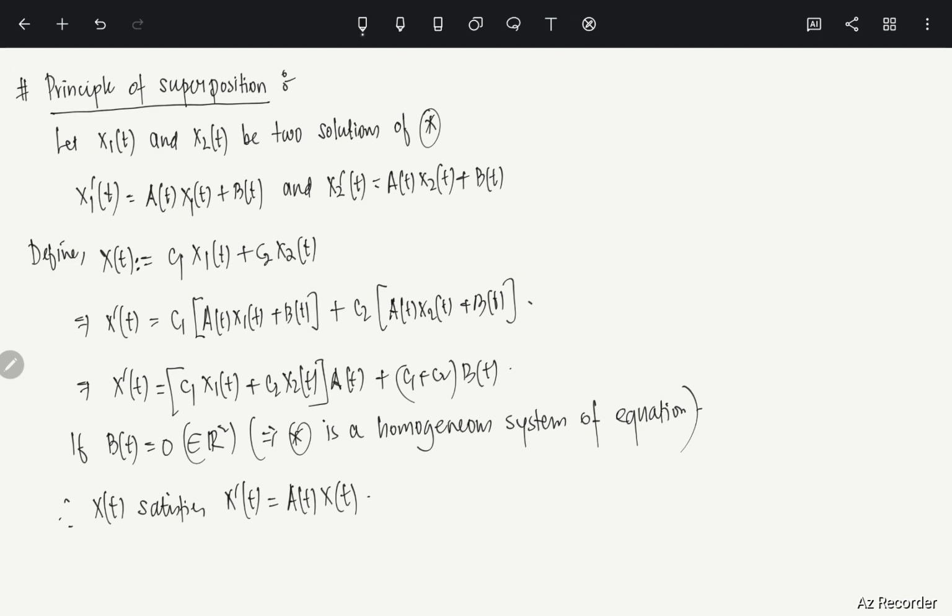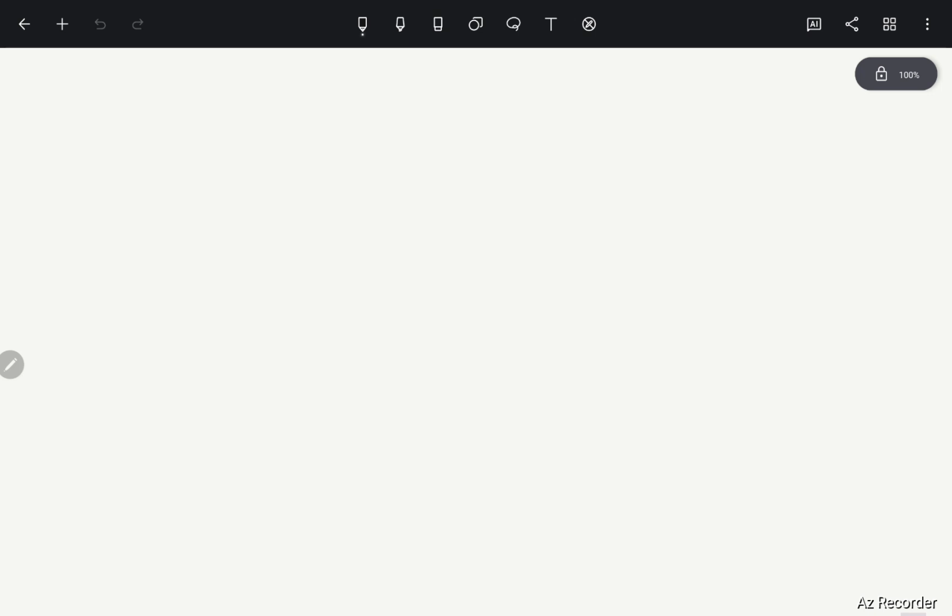Right. So with this we come to a very important property of something called a linearly independent set of functions. Definition. So now we are talking about vector valued functions. Let's quickly recall what a vector valued function is.